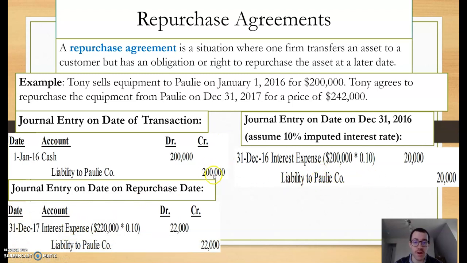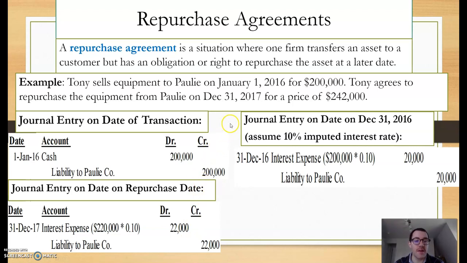The principal was 200 plus 20, so now it's 220. So you're going to have interest expense of 220 times 10%, which is 22,000. If you look at a T account, if you're sitting there with a piece of paper, notice that the liability to Poly Company is now 242,000. And so that's why we imputed a 10% interest rate, because it works out that way mathematically.